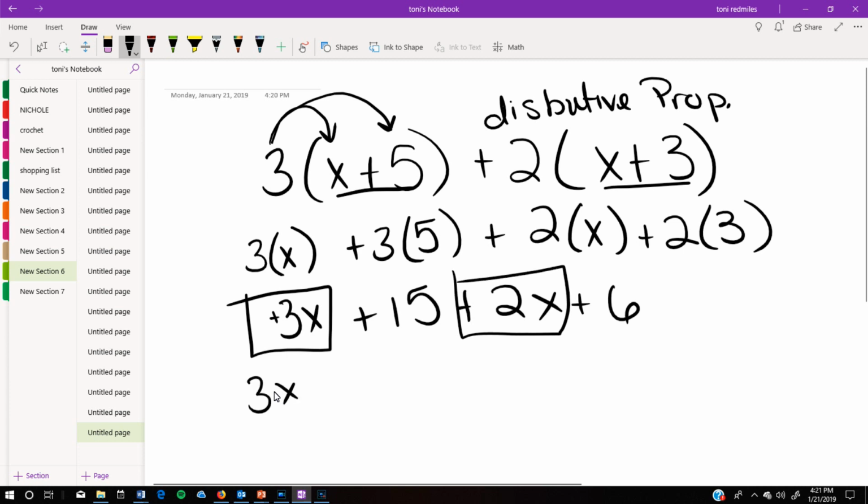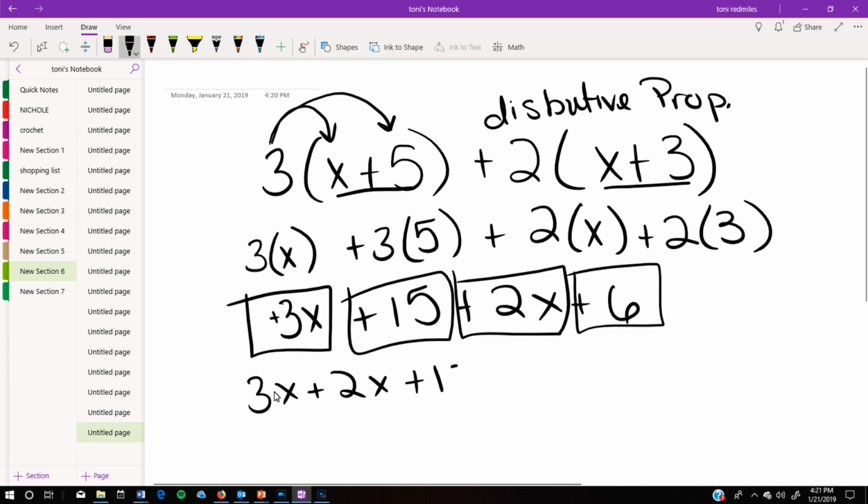So I have 3x plus 2x, and this one is like with this one. So I have 15 plus 6. So now I get those coefficients together and let that x be along for the ride. So 3 plus 2 is 5x, and 15 plus 6 will be 21. That's as far as I can simplify that because 5x and 21 are not like terms. So they just stay there.